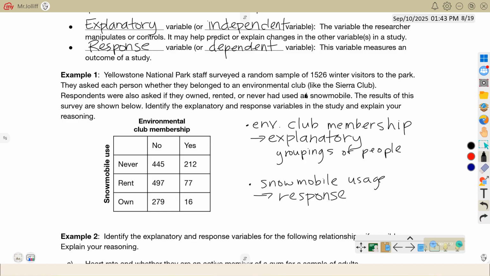Once we've divided them into groups, environmental club and not environmental club, we ask them about their snowmobile usage, giving them 3 choices. And then we're looking for a relationship. Does knowing that they're a member of an environmental club give me information about the likelihood that they own or use a snowmobile? Good. Try another one.